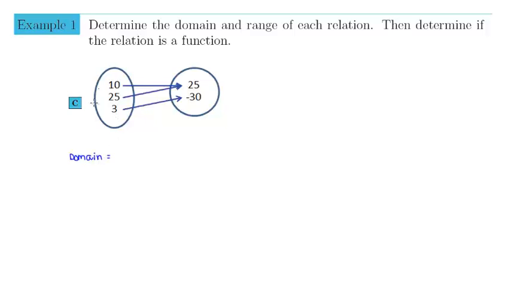The domain of our function, our inputs, consist of these three numbers, 3, 10, and 25. The range consists of the outputs, the second coordinates, if you like. And for us, our range in this example consists of the two numbers -30 and 25.